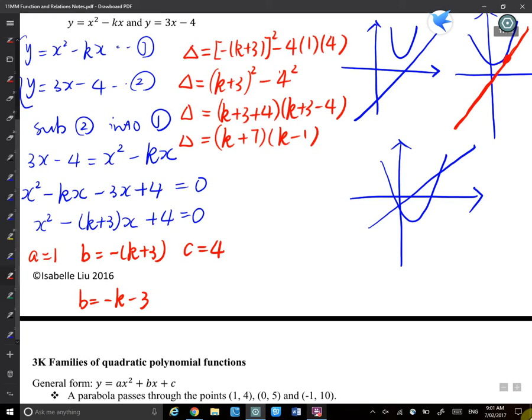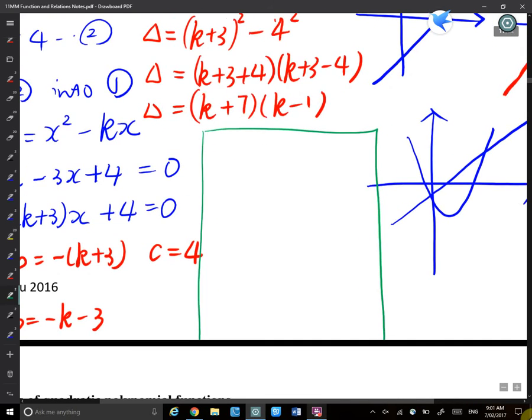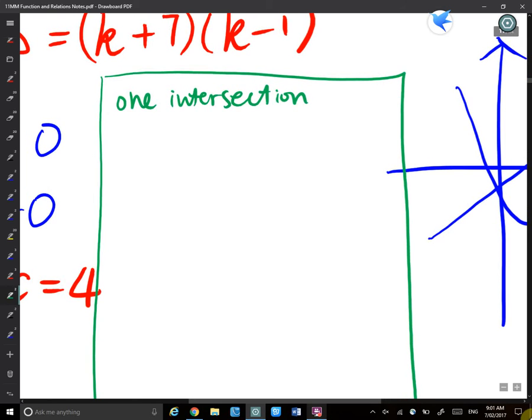Okay, I will list it out. If I want one intersection, it is when the discriminant equals 0. If I want to find 2 intersections, I have the discriminant greater than 0.